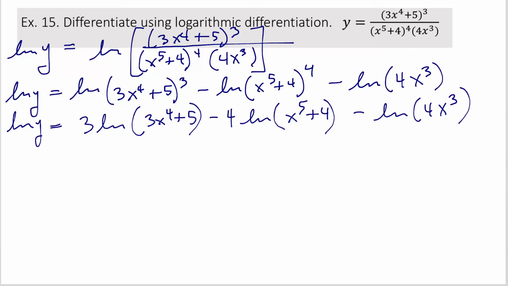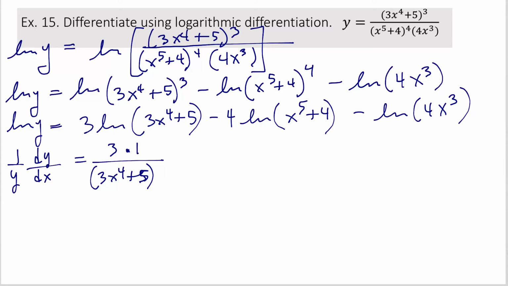All right, so now I'm ready to take the derivative. So on the left, 1 over y dy/dx. This would be 3 over 3x^4 + 5 times the derivative of 3x^4 + 5, which would be 12x^3. Then minus 4 over x^5 + 4 times 5x^4, which is the derivative of that denominator.